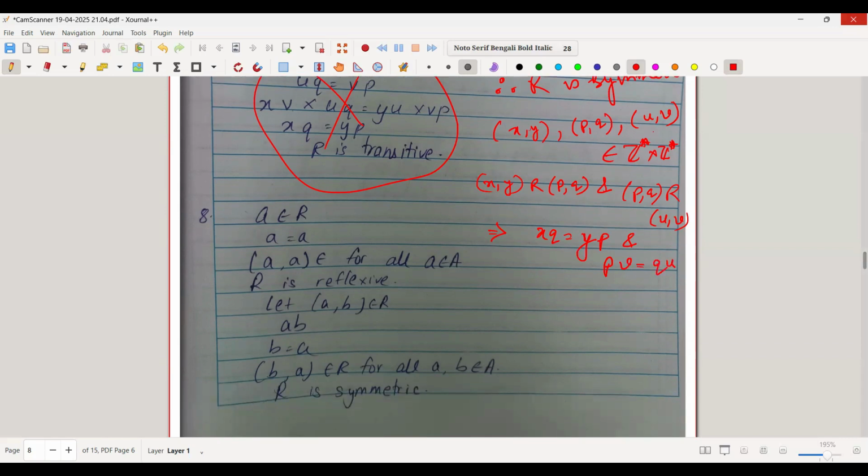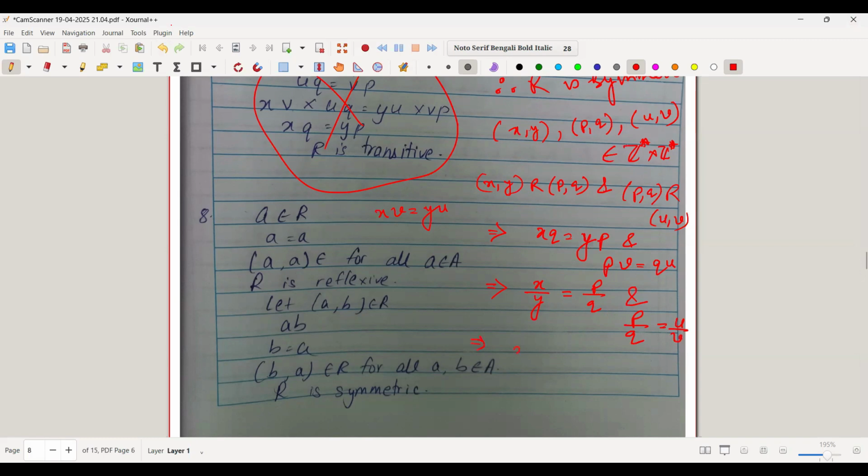Okay, now we have to show that xv equal to yu. This we have to show. This implies that x by y equal to p by q, and from here we can get p by q equal to u by v.